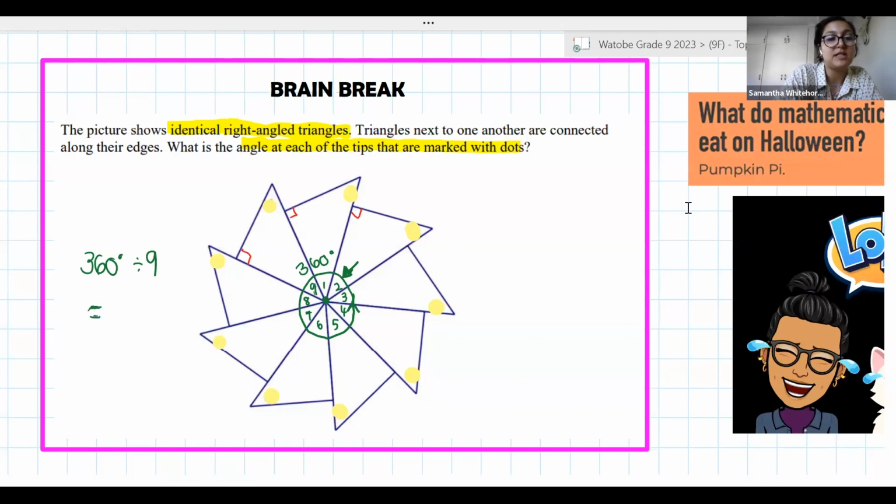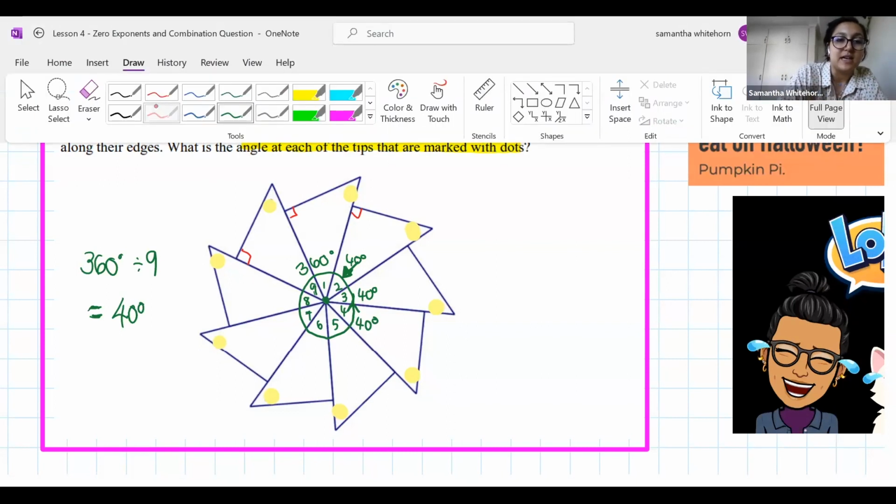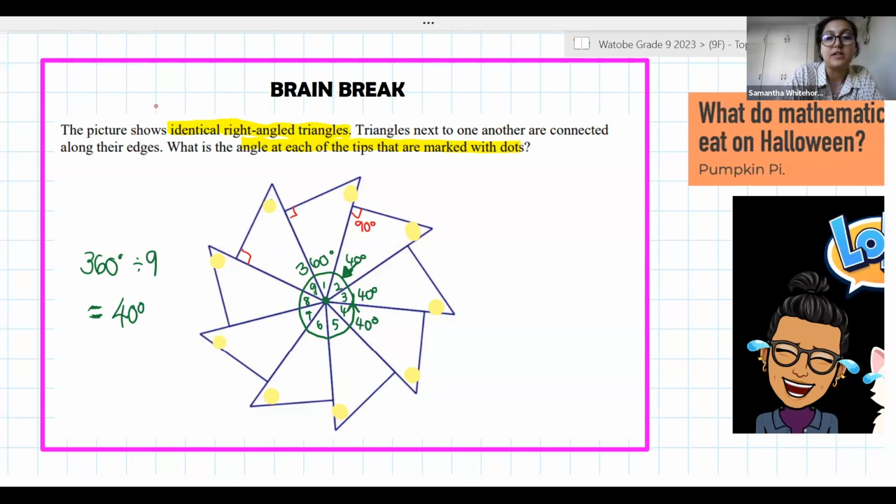When you divide 360 by 9, you get 40, as my wonderful people are saying on the chat. So all of these angles around the center are 40 degrees. Again, I'm not writing them all in. We know that the red angle that I've drawn in is 90 degrees. And so we can use the fact that angles in a triangle must add up to 180 to get what this third angle is.